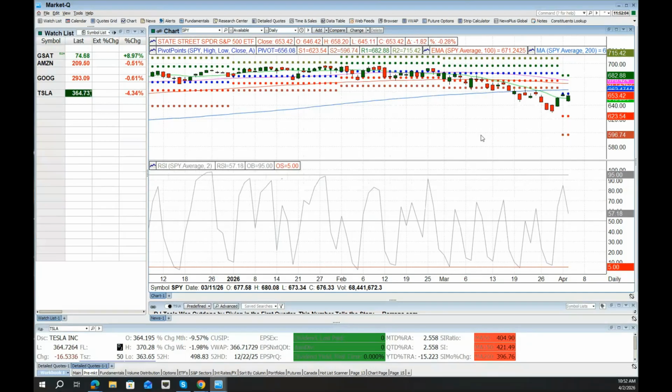If it holds below, my thesis is always price is going to travel from resistance to support, support to resistance. I think that price travels in waves, ping-pongs up, ping-pongs down. So if resistance holds, I'm always looking for price to test support. And at those support levels, I'm looking at the same thing, even though in this case I probably won't want to trade this support range because we're in a downtrend per the way that I define it.